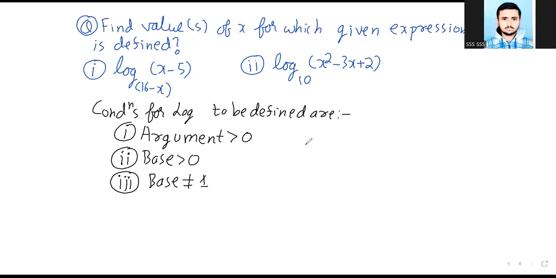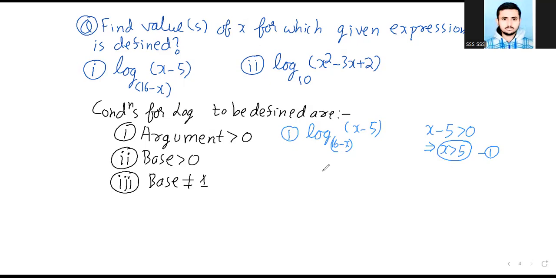For the first question, we have log with argument (x minus 5) by 16, and base 16 minus x. So argument should be positive. So x minus 5 should be positive. This means x should be greater than 5. This is the first condition. Let's write this down as condition 1.